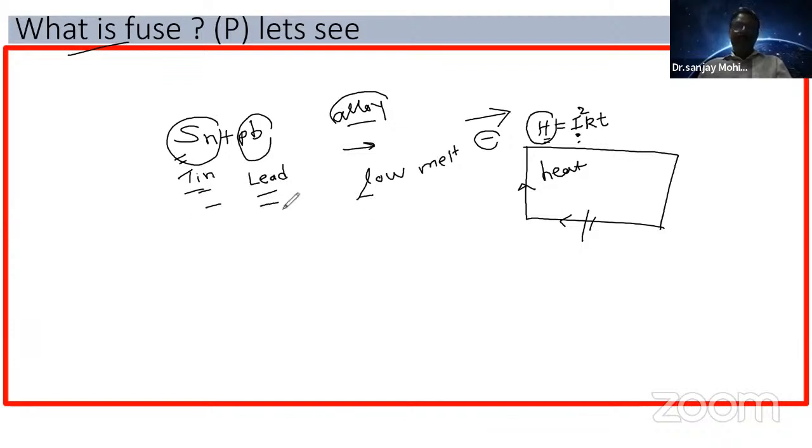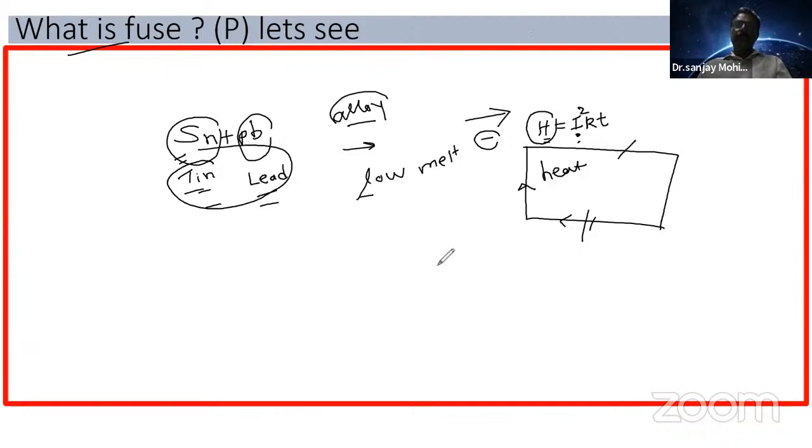When it melts, the circuit will break, and this avoids damage to the electrical appliances as well as the short circuit. The further appliances connected in the series or in the next houses can also be protected, and therefore the fuse is very, very important.